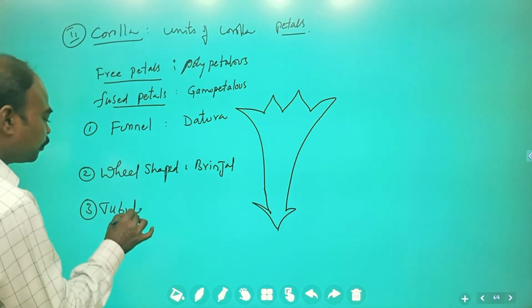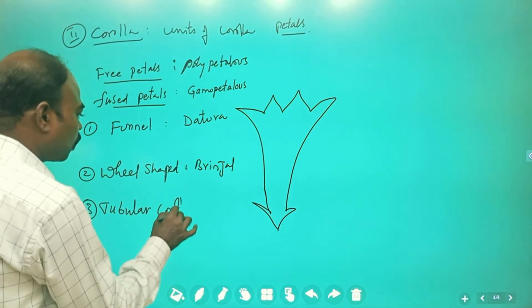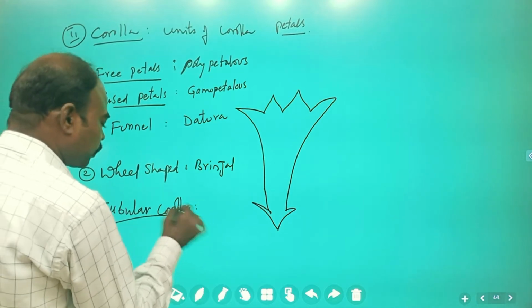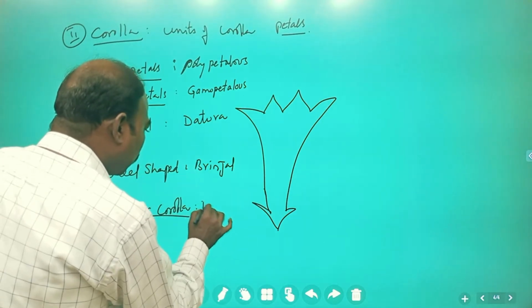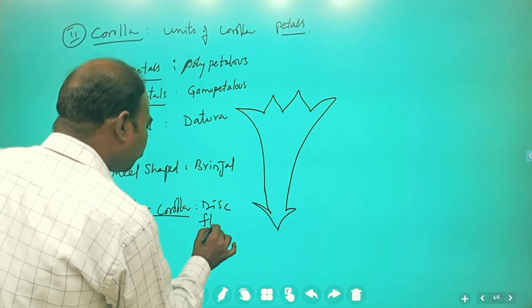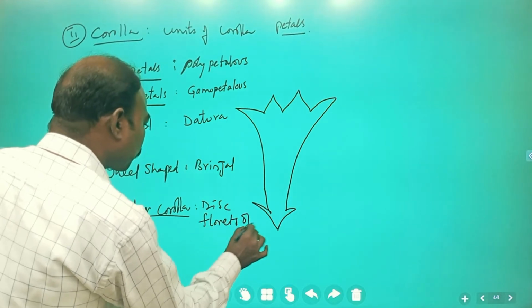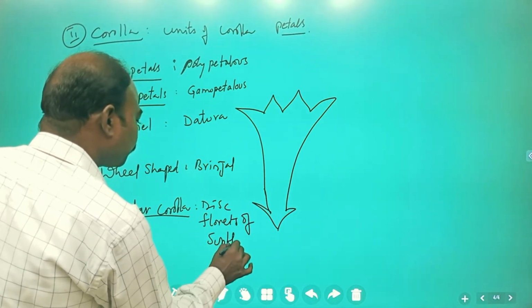Tubular corolla is found in disc florets of sunflower.